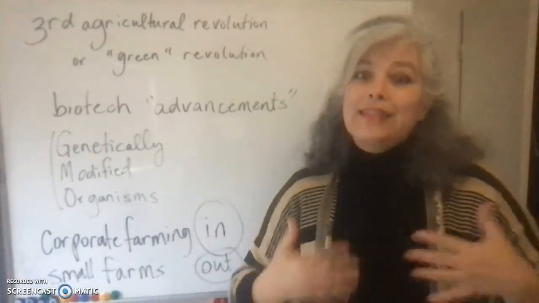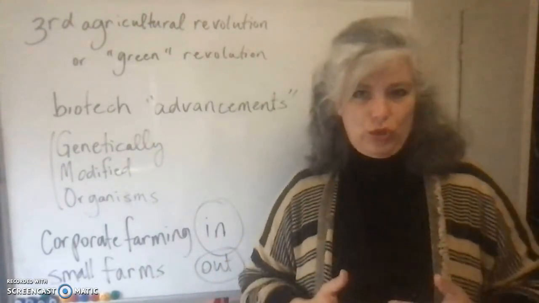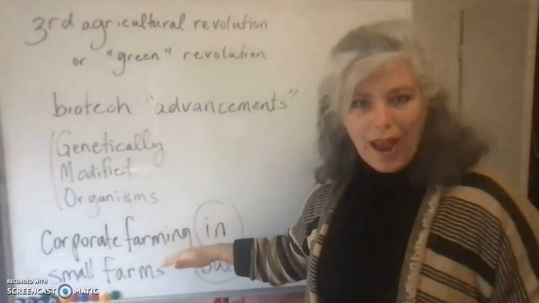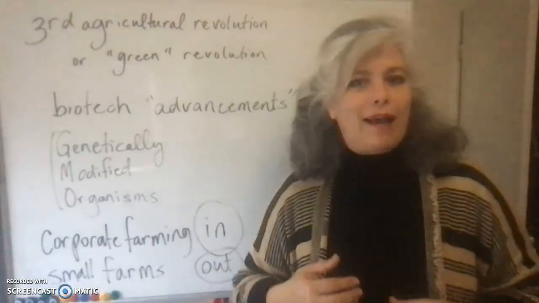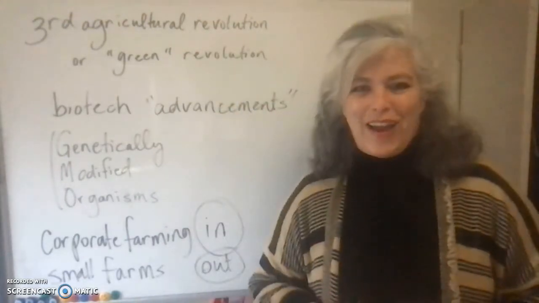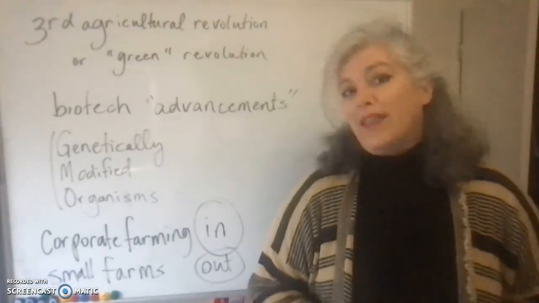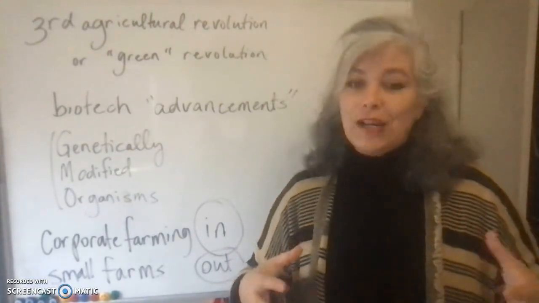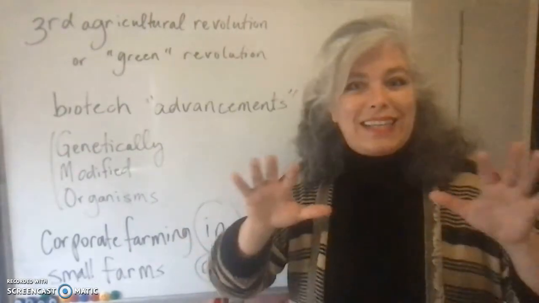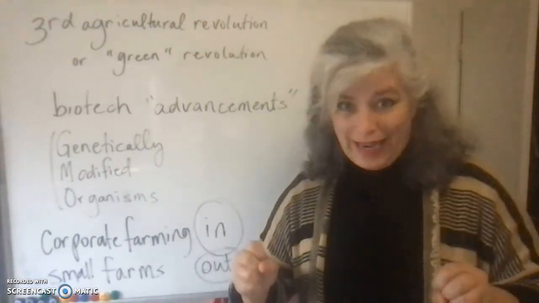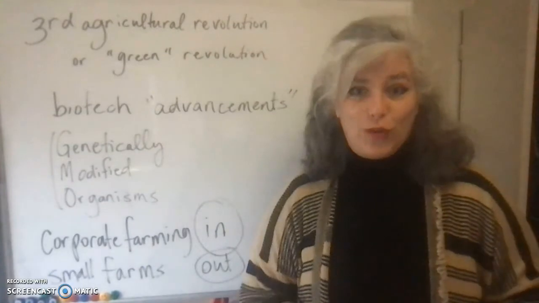And these kinds of movements are resistant to these corporate farming practices, genetically modified organisms, and these biotech advancements, I'll use my air quotes, simply because it is harsh on the environment. So when we hear in modern politics about something called the Green New Deal, it's a completely different green that we're talking about in modern times than this third agricultural revolution.